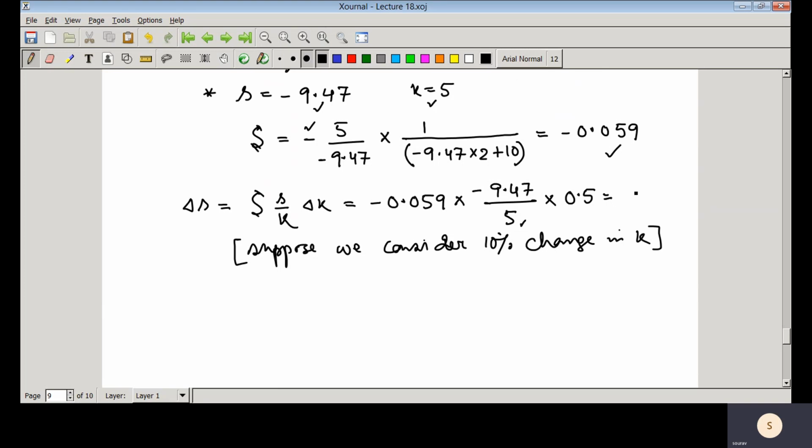If you multiply those terms, you will get 0.056. And this is a scalar quantity, so basically 0 degree.